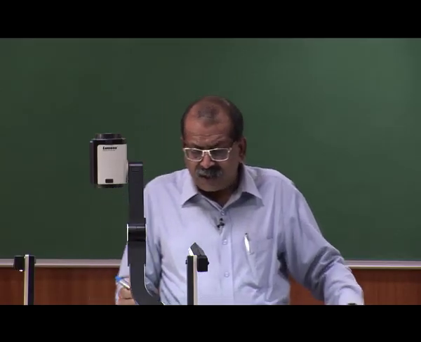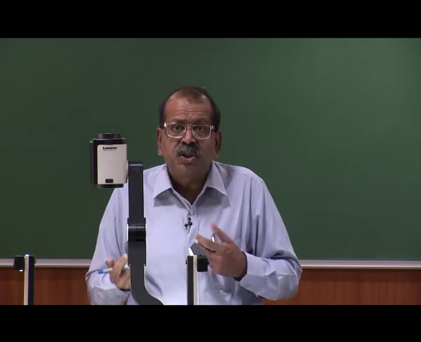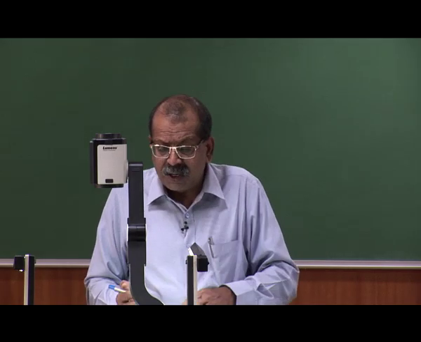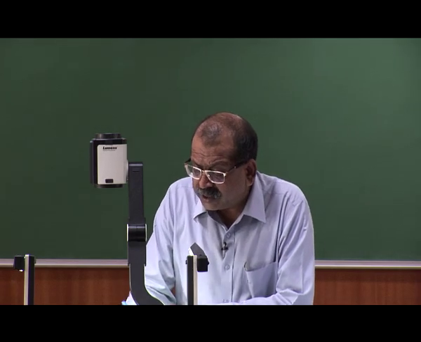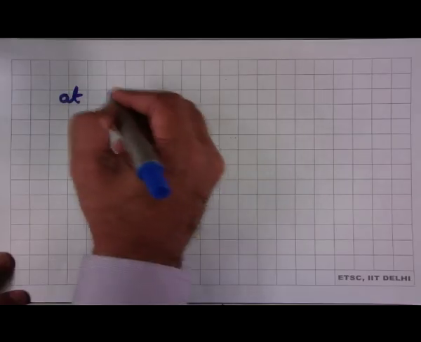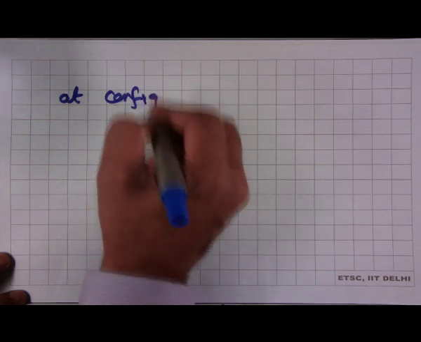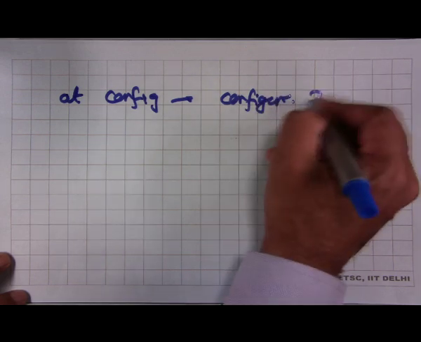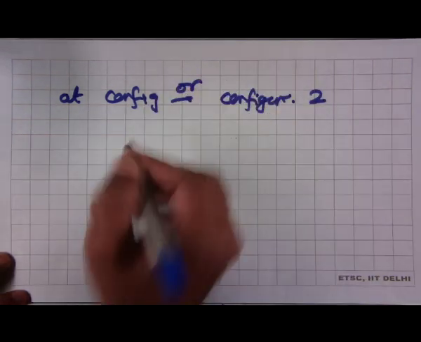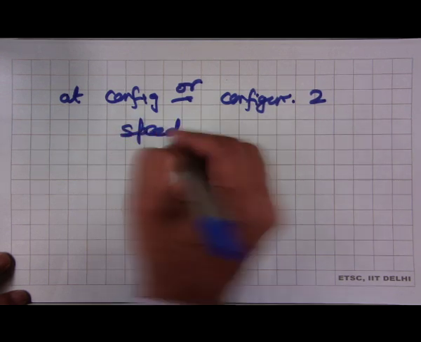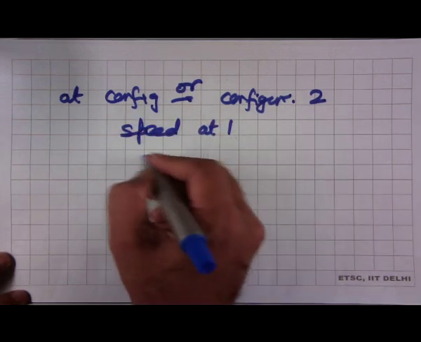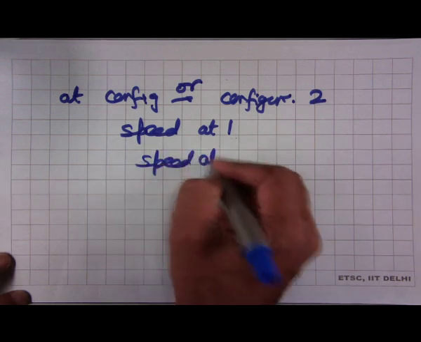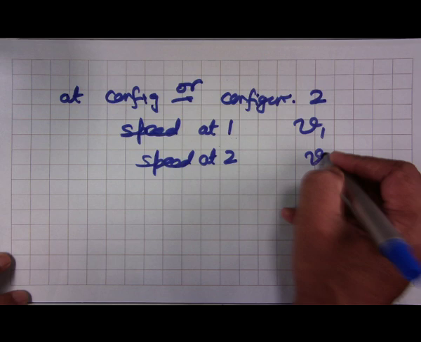Now, one thing we realize, and this you can see as a limitation of the work energy principle, is that at configuration 1 or configuration 2 we will be able to get the speed at 1 or the speed at 2. This we call V1 or V2.